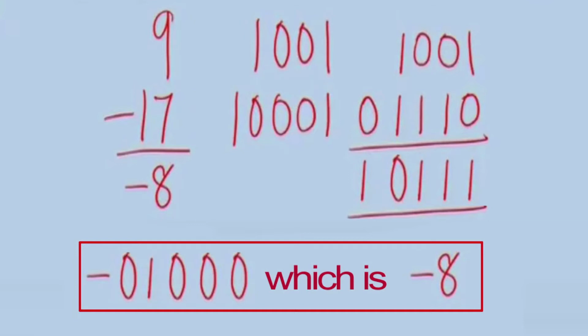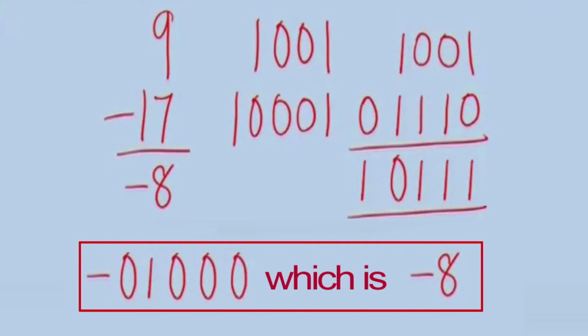The decimal equivalent of 10001 is 17 and the decimal equivalent of 1001 is 9.